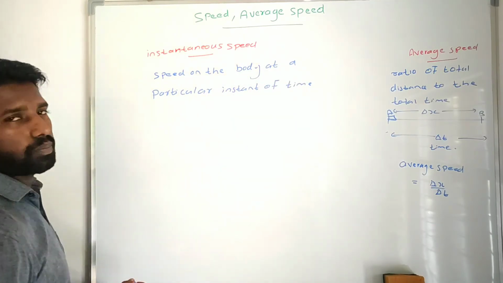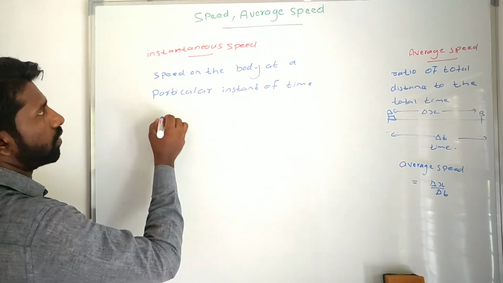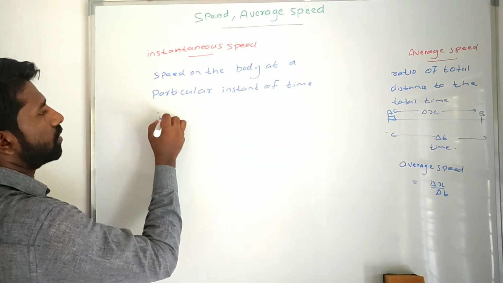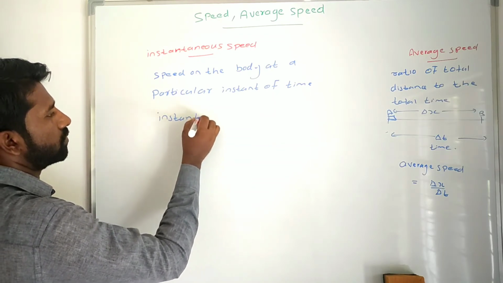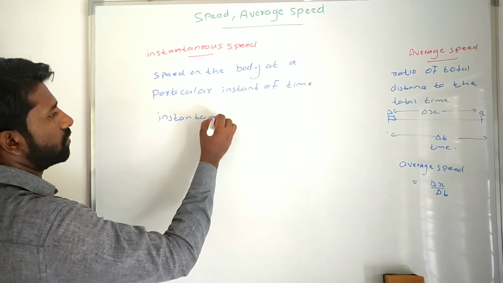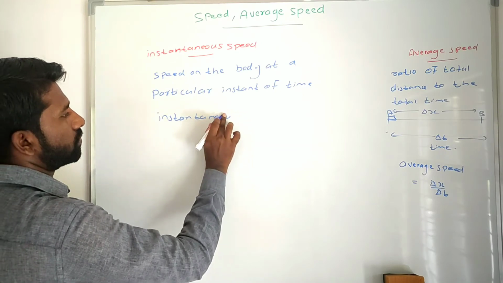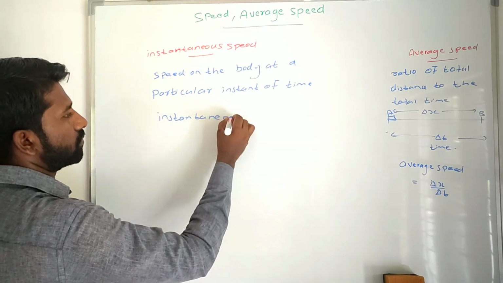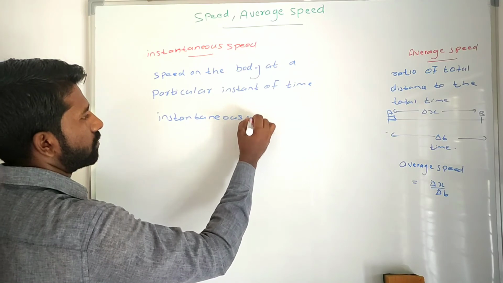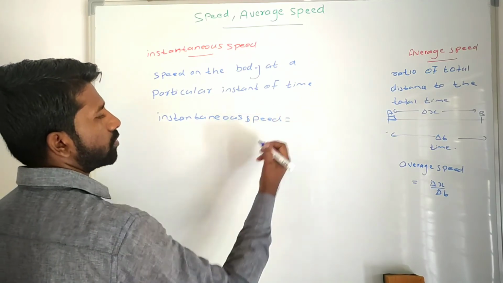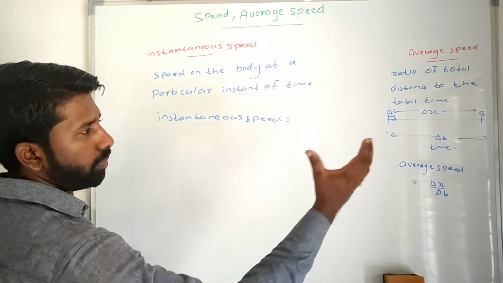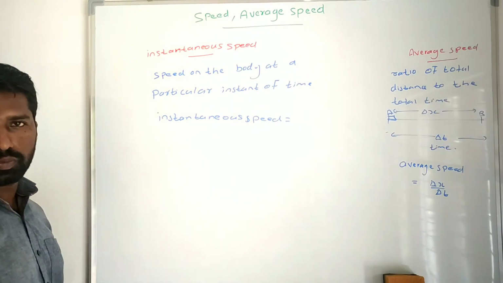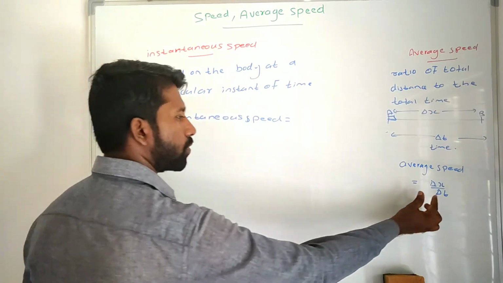Speed of the object at a particular instant of time. How will you calculate it? Instantaneous speed is equal to the limiting value of the average speed when the delta t approaches 0.